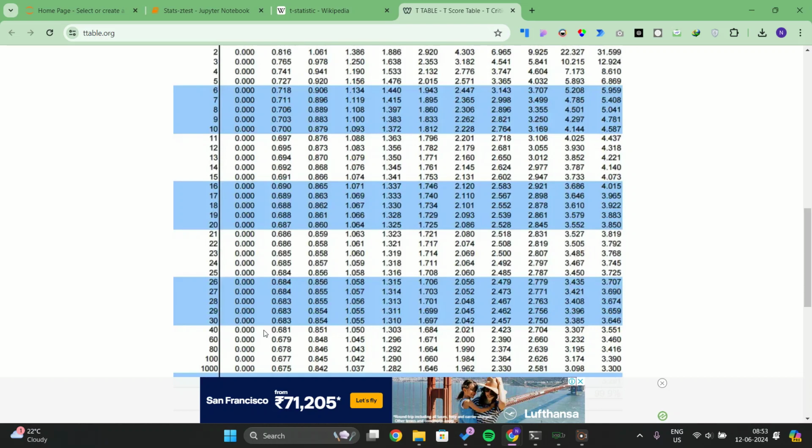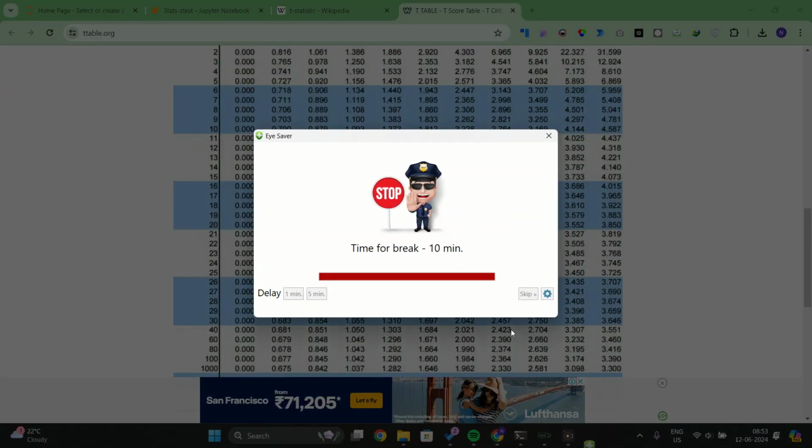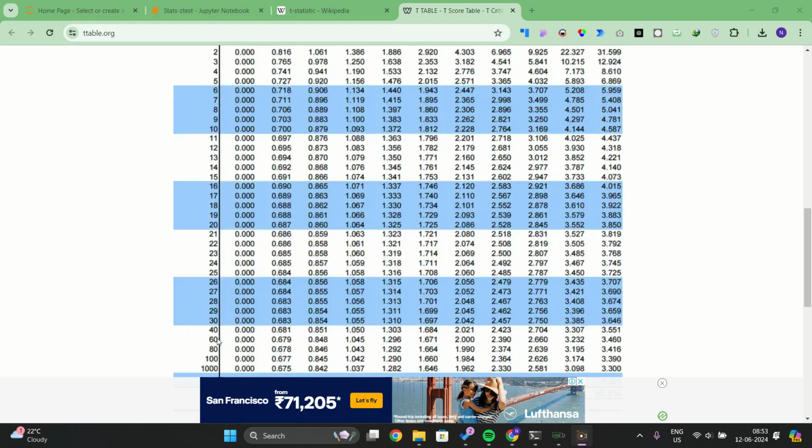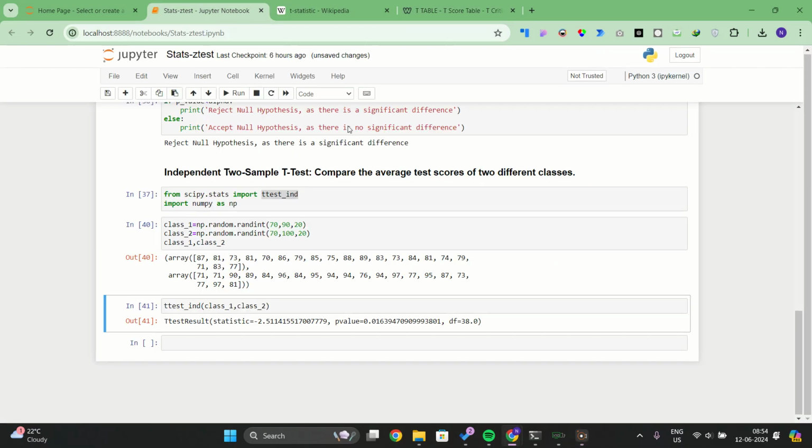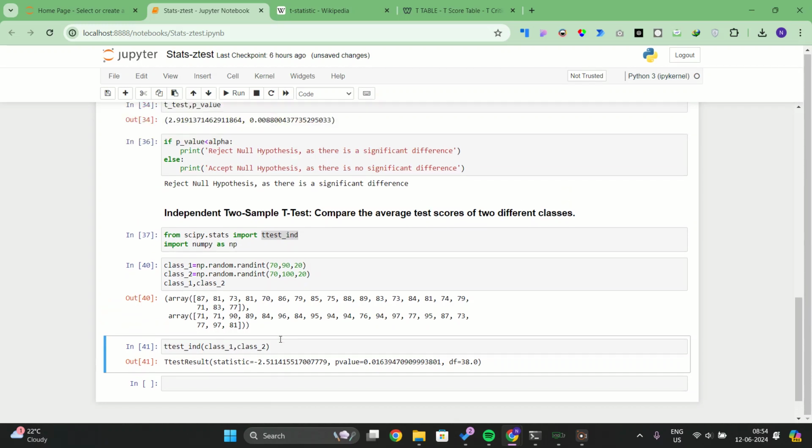So it's between these two values, 2.423 and 2.704. 2.51 is going to come in between, and when we look, it's between 0.02 and 0.01. That's our p-value, right? But precisely when calculated, we are getting 0.016. So that's our p-value.